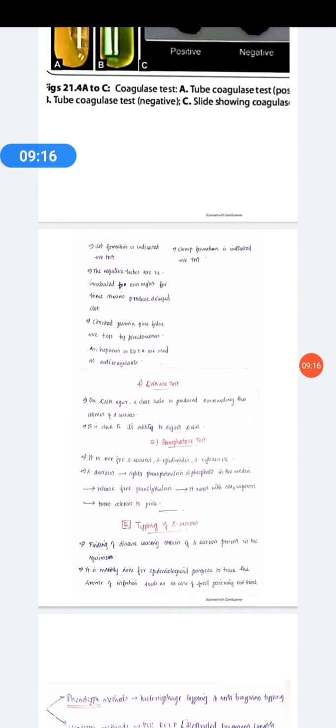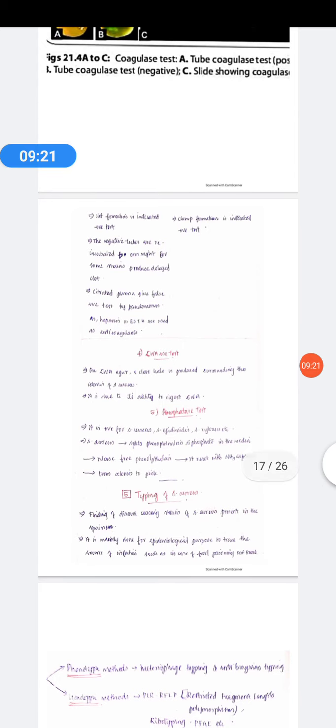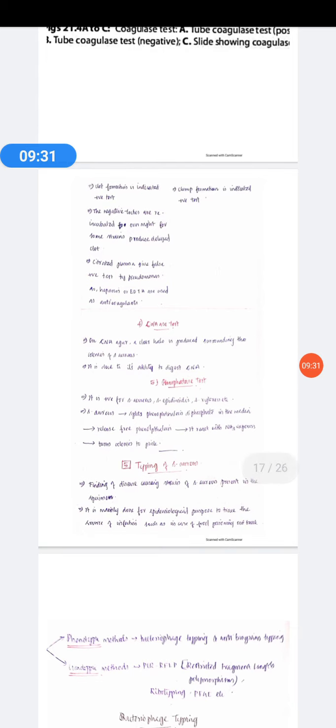Now some features of the tube coagulase test. The negative tubes, that is the tubes that do not show any clot after 4 hours, are re-incubated overnight, because some strains produce a delayed clot.